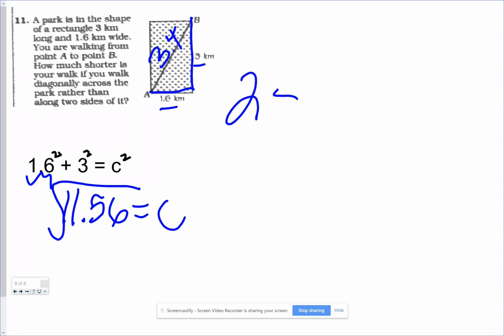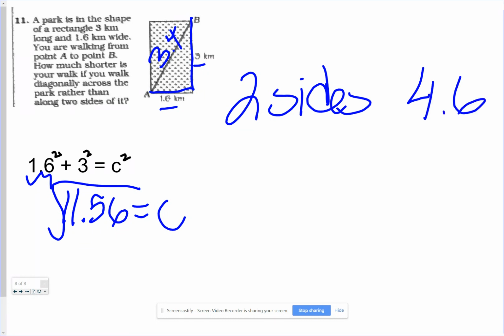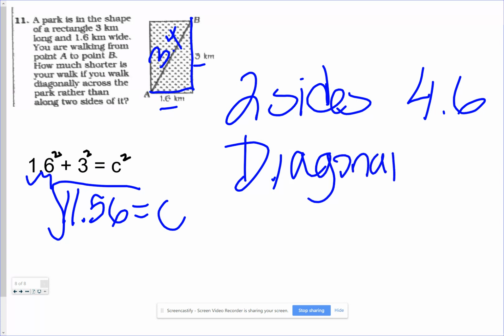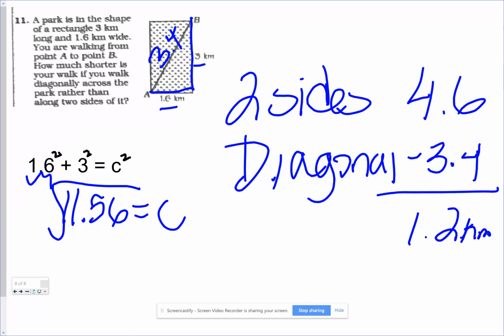Well, when we walk along the 2 sides, we have to add 1.6 and 3 together. That's 4.6 kilometers. When we take this shortcut, when we take the diagonal, that's 3.4. So now it says how much shorter is that? So all you need to do is subtract them to get 1 2/10 kilometer.